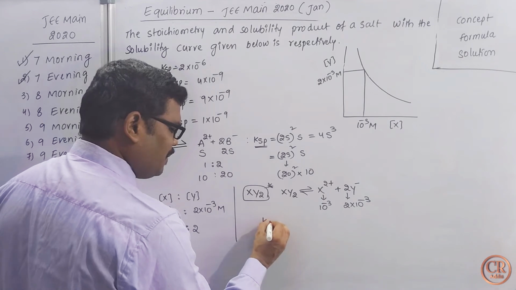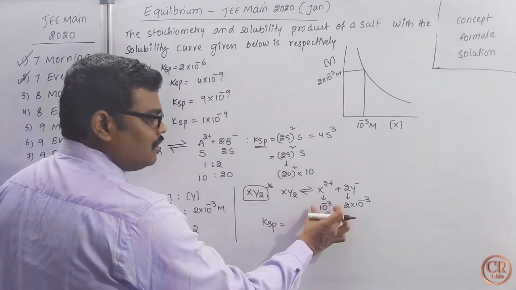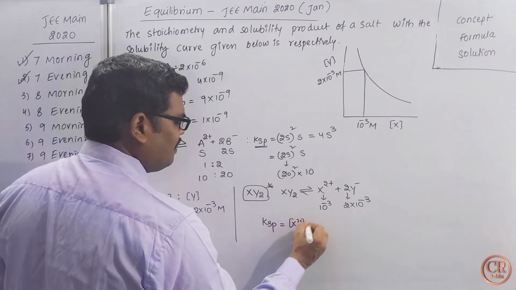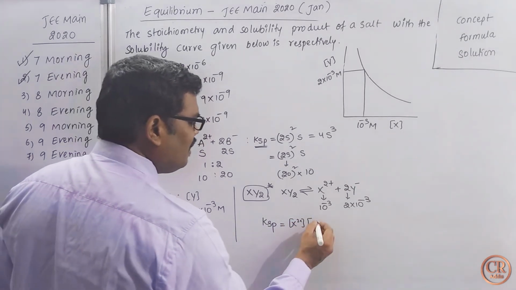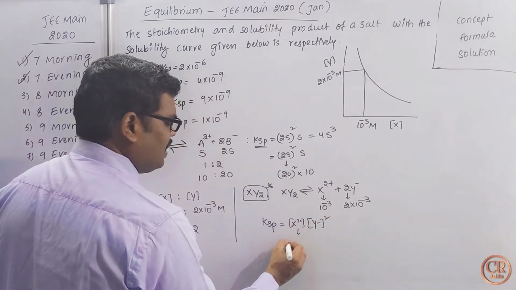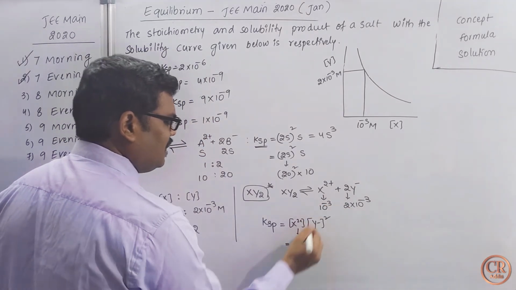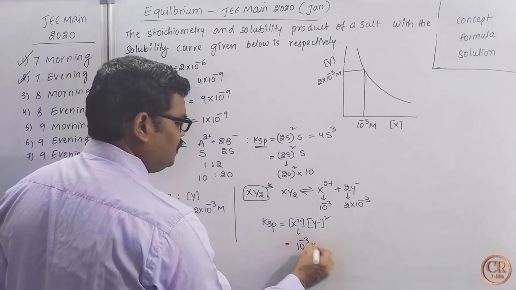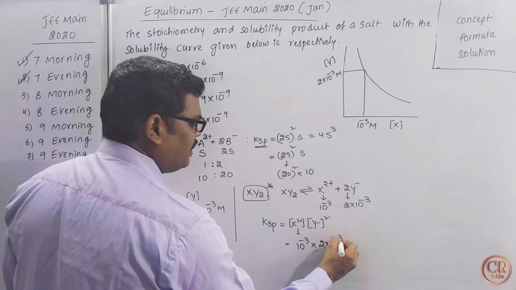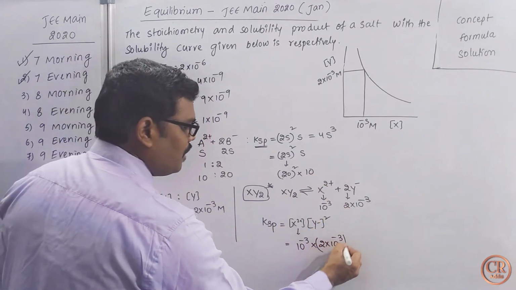Now the Ksp is equal to the X ion concentration and the Y minus ion concentration whole square. Here the X2+ concentration is 10 power minus 3 into the Y concentration, 2 into 10 power minus 3 whole square.